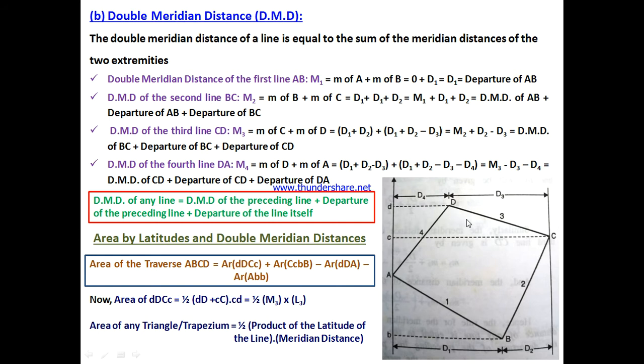So it will be equal to the area of DDCC. If I consider the first part, it will be equal to half the double meridian distance of this line CD, into L3, that is the latitude value.